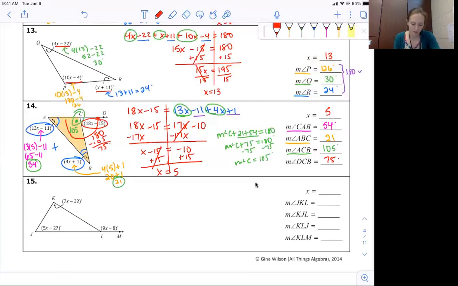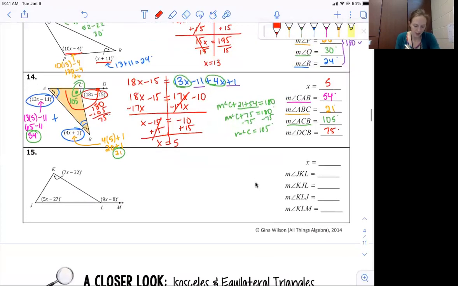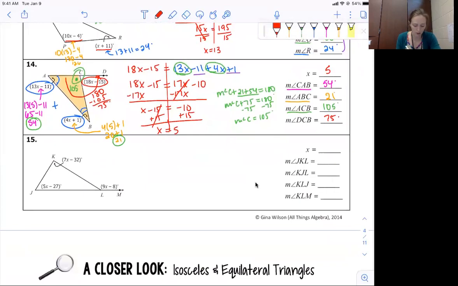On this last one, number 15, this is an exterior angle problem, so I have this outside angle. Okay, so this is 9x minus 8 equals, I add up the other interior angles. So I add up the 7x minus 32 plus that other angle, 5x minus 27.